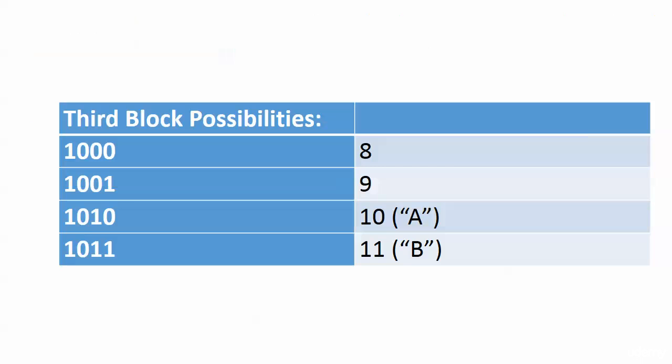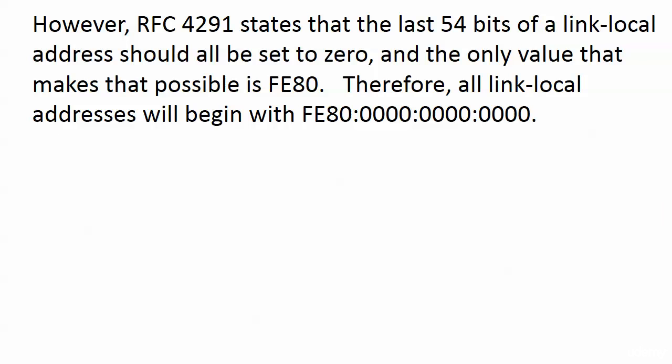Well, out of these 4 values, the only one that allows that is the 8. Because if we go 1 higher to 9, with 1001 as the third octet, the last 54 bits would not be set to 0. It would be the last 52 bits. So the only value that meets the RFC 4291 requirement is FE80.